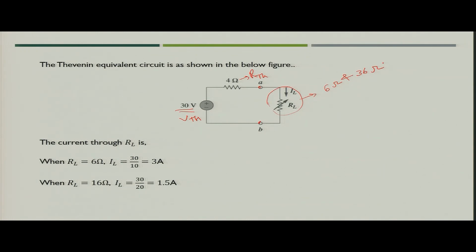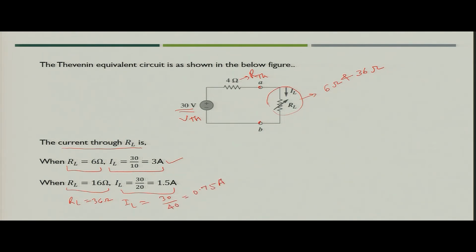So, you just put the value of RL. When RL is equal to 6 ohm, you simply apply Kirchhoff's voltage law and you get the current IL as 3 ampere. Similarly, if RL is 16 ohm, you will get current IL as 1.5 ampere. When you replace RL with 36 ohm, IL is nothing but 30 divided by 40.